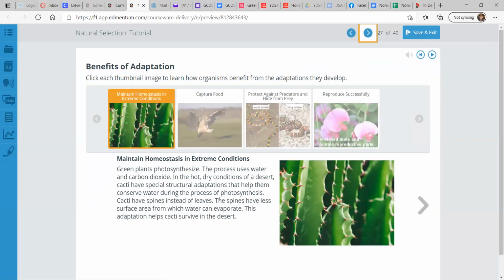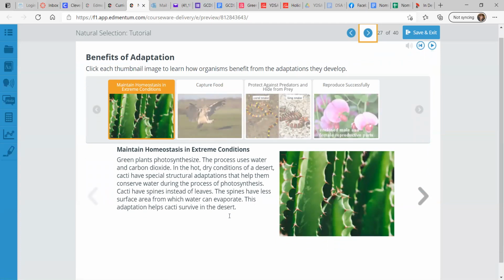All right, so here are the benefits of adaptation. It helps organisms maintain homeostasis in extreme conditions. Green plants photosynthesize, and the process uses water and CO2, or carbon dioxide.